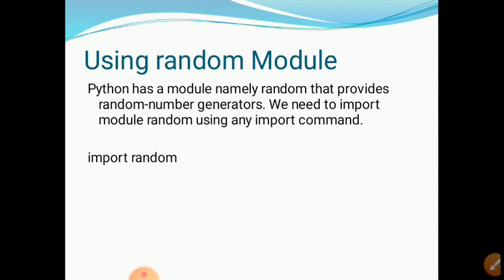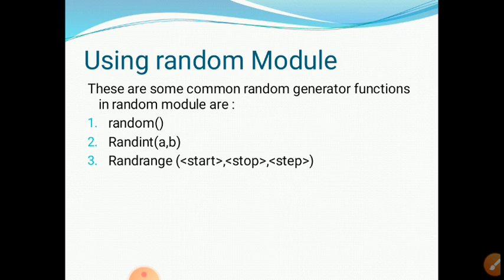Now next is random. Random is also a library that is used to generate random numbers. For that we use import random. Inside it I explained random, randint and randrange. Random generates a random number between 0.0 and 1.0.